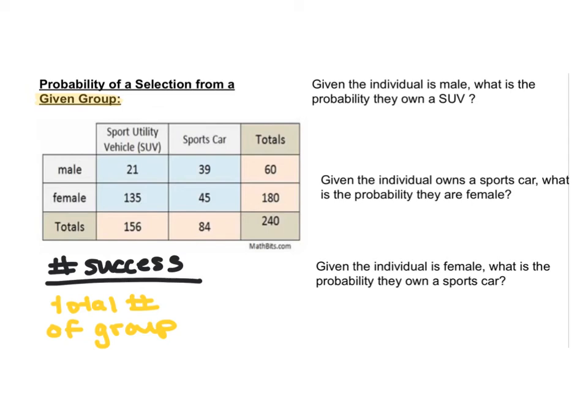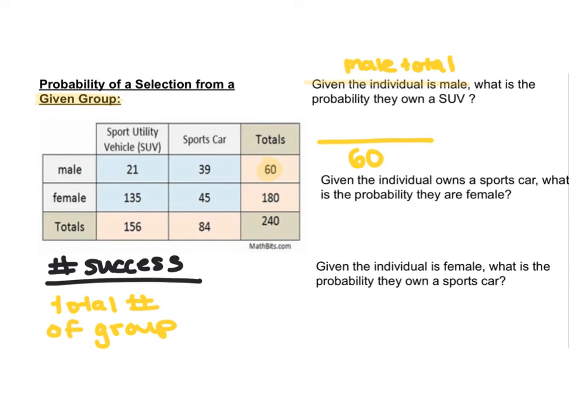So, for example, in the first part, it says, given the individual is male, so the given group is the male total. So I'm going to put the number of males on the bottom, which looking at my diagram, the number of males total is 60. So I can put 60 on the bottom.